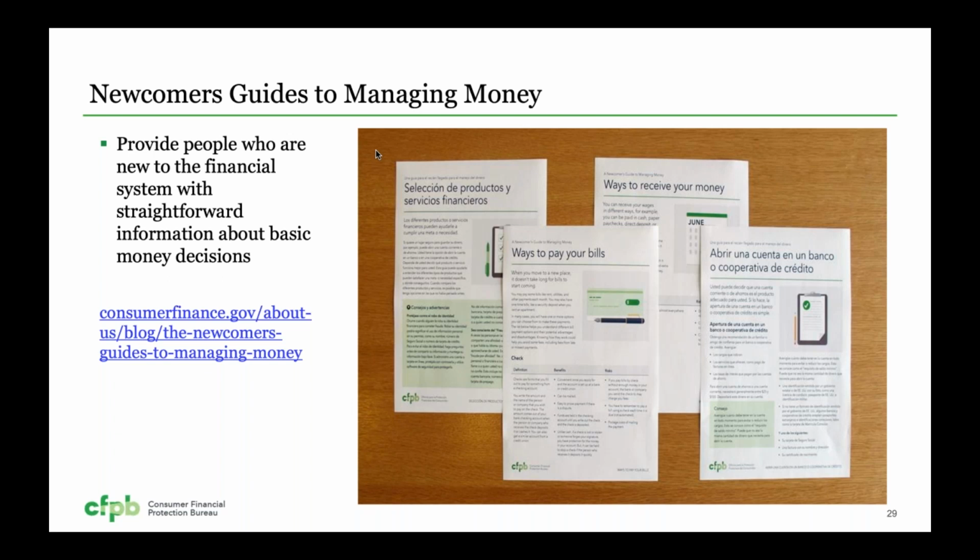The 4 guides are ways to receive your money, a checklist for opening a checking account, ways to pay your bills, and how to select financial products and services. These guides provide our limited English proficient consumers with information they need to make the best financial decisions for them and their families.